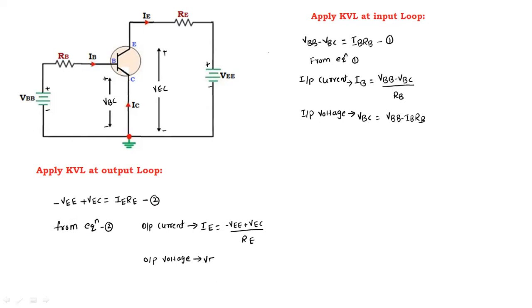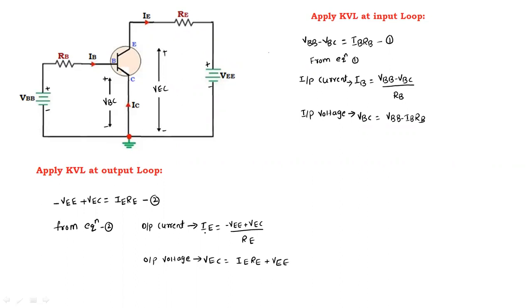VEC is equal to IE RE plus VEE. Okay, this is the output voltage equation.